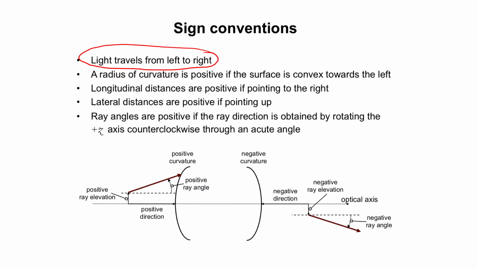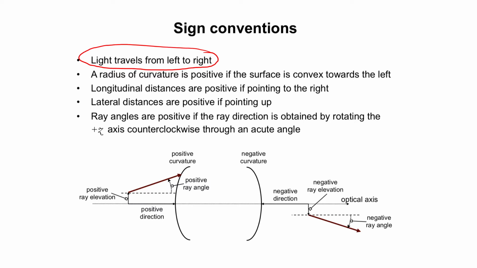Just like how you write, we write from left to right, at least in English and many other languages. Some languages are written from right to left, but we are considering that light travels from left to right.